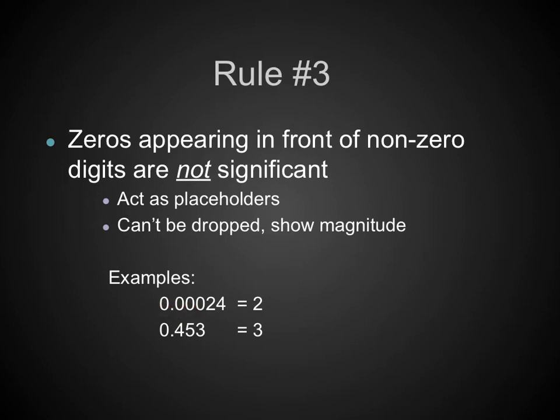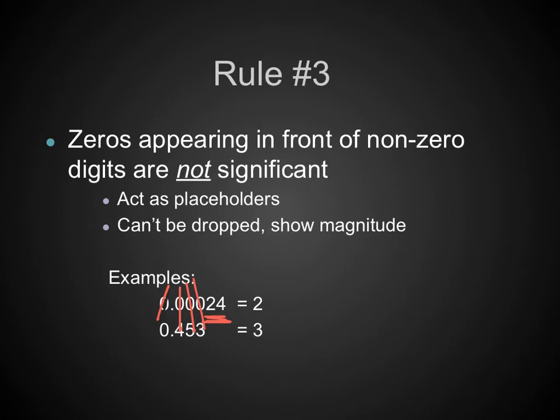Initial zeros, zeros that appear in front of a non-zero digit, are never, ever, ever significant. You don't count them. So these zeros, let me get a pen out. This one, this one, this one, and this one are not significant. So the only numbers that we count when we're asked how many significant figures there are are the others.